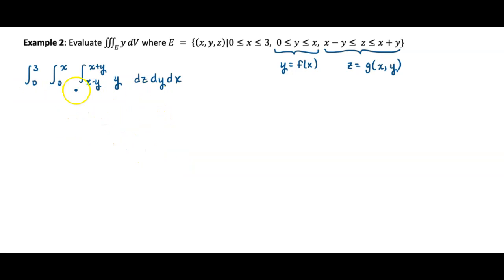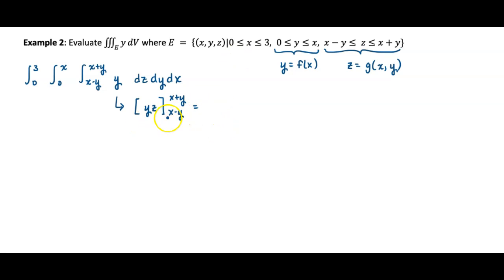Now, rather than rewrite all of these bounds every single time, I'm just going to focus on the innermost integral at a time. So looking at taking the integral of y with respect to z. Well, with respect to z, y is just a constant, so this is really going to turn into yz, as z goes from x minus y to x plus y.